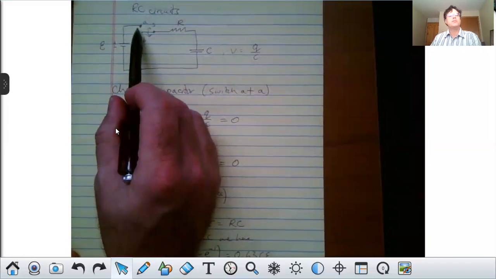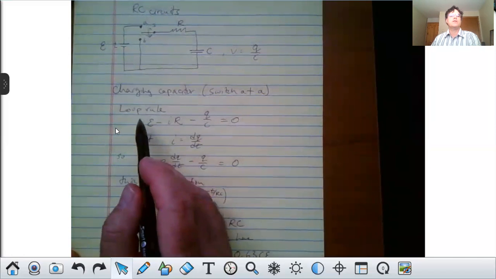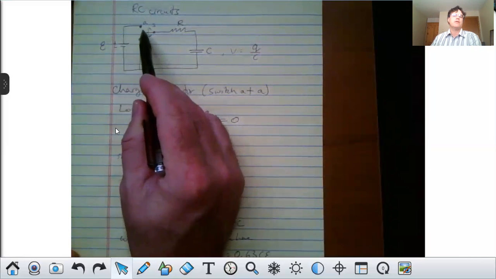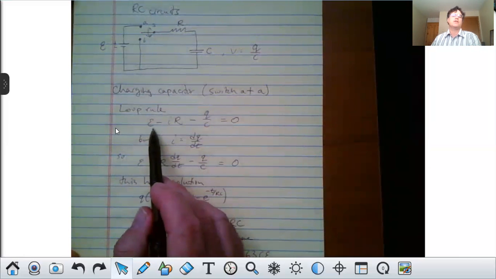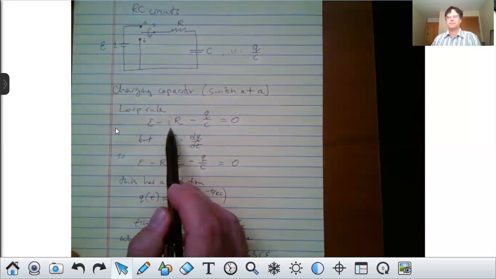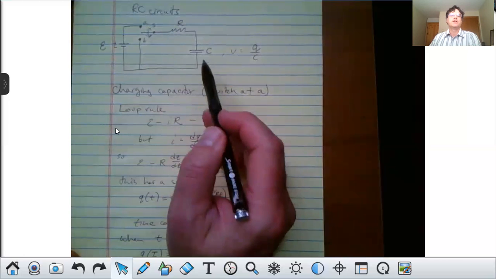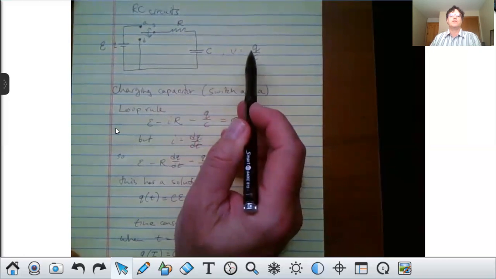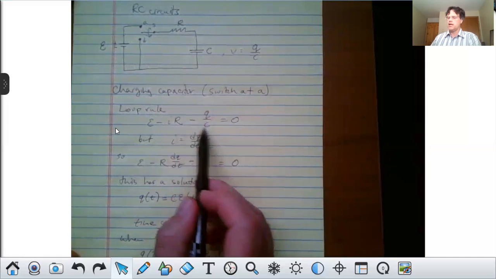So I've put the switch in position A, and if I use the loop rule, starting behind the battery, going around the whole loop, I get this equation: E, the electromotive force or voltage of the battery, minus IR. Now I go across the capacitor and there's a certain amount of charge Q, voltage is Q over C, so I get minus Q over C as I go across the capacitor.